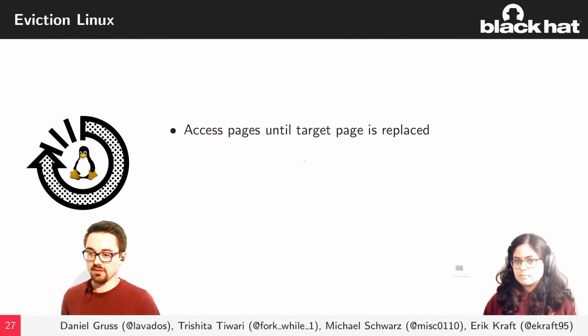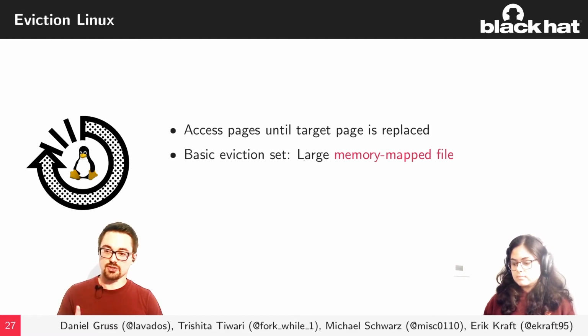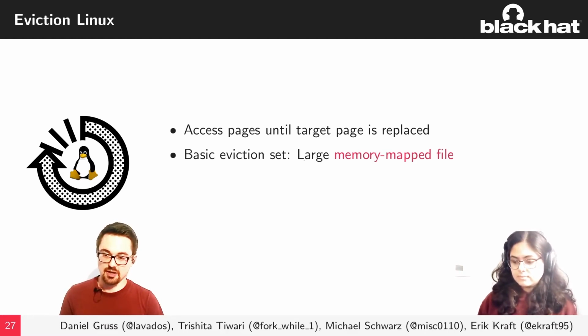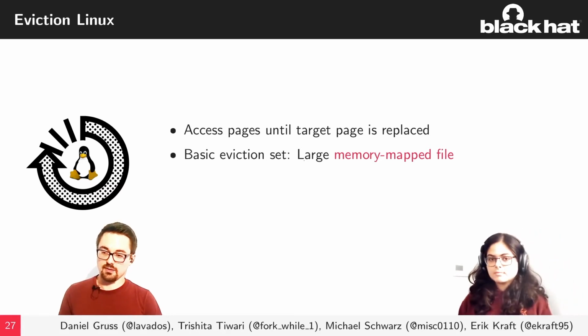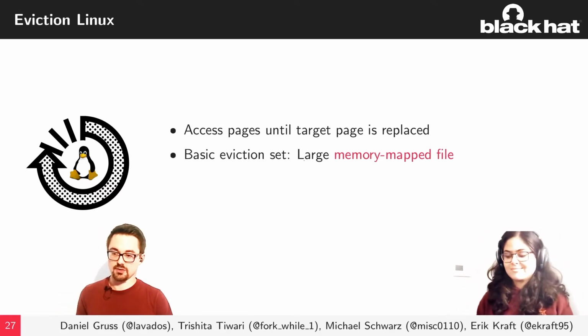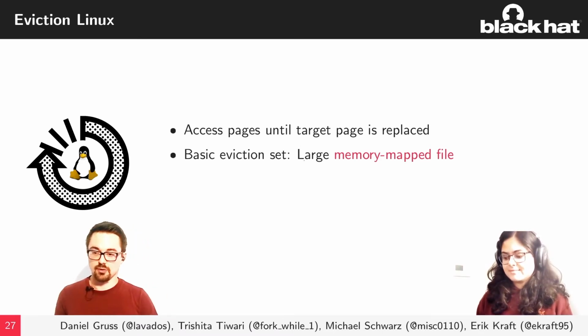In Linux, the basic idea is the same as in our example. We just access new unique pages until the target page is replaced. Therefore our basic eviction set is just a large memory-mapped file. That's still quite slow, because the page cache can grow very big, as long as you have available physical memory, so we have developed some optimizations.